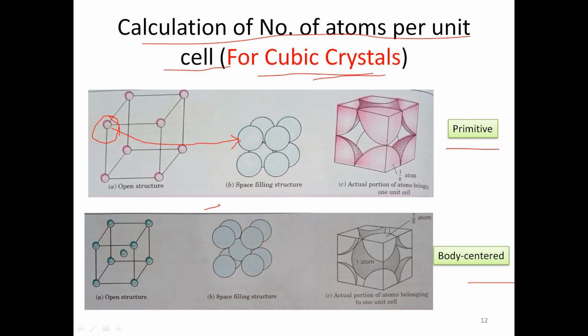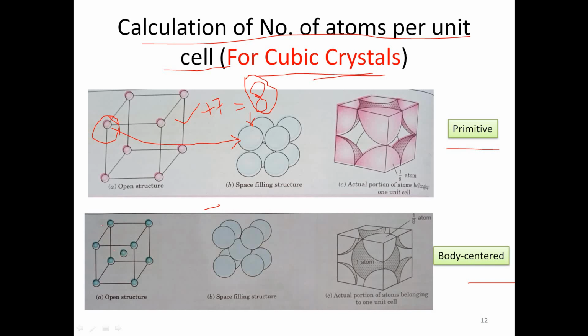But look carefully: each constituent particle at a corner is shared by a total of 8 unit cells, this unit cell plus 7 other unit cells. So one atom at the corner position is shared by 8 unit cells.